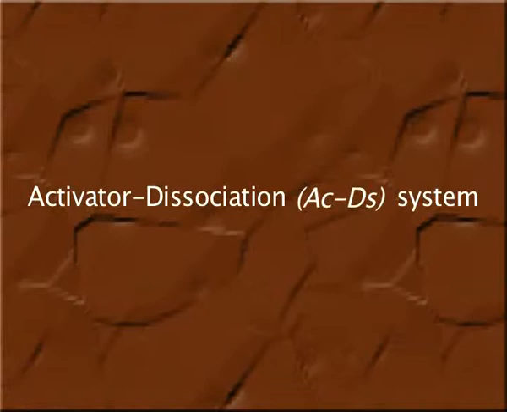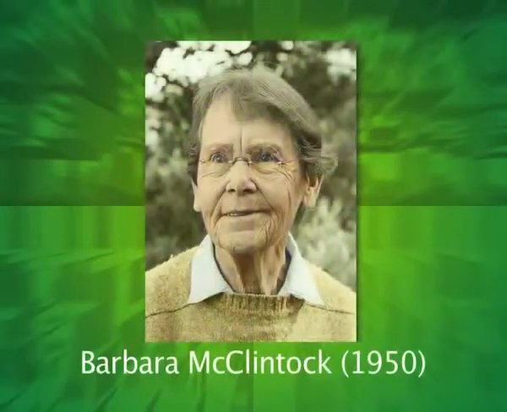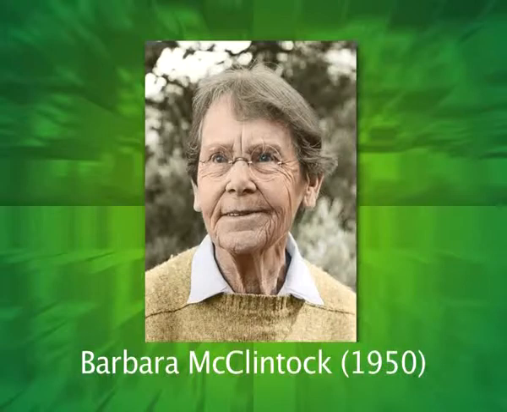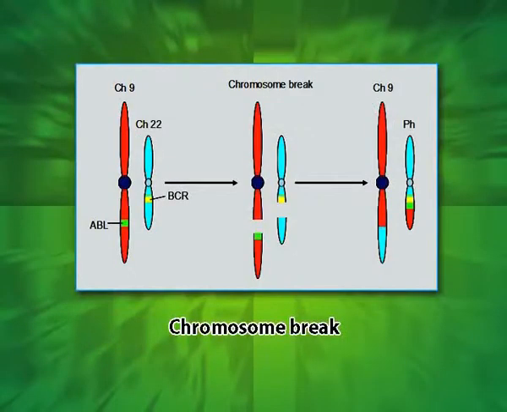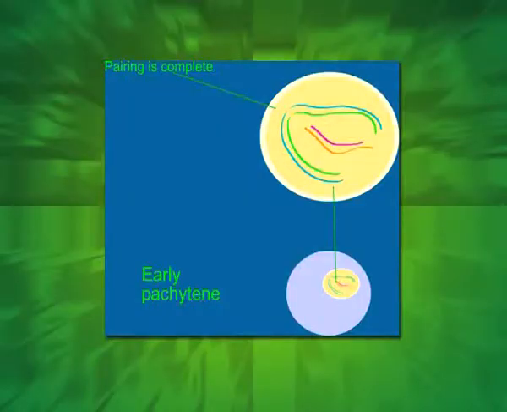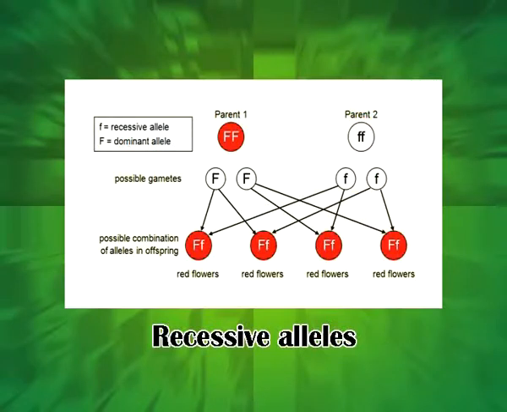The activator dissociation AC/DS system is the most popular system and was discovered in 1950 by Barbara McClintock when she found the presence of a genetic factor, DS, dissociation, which caused a high tendency towards chromosome breakage at the location where it appears. These breaks could be located either cytologically at pachytene or genetically by uncovering of recessive alleles in a heterozygote.